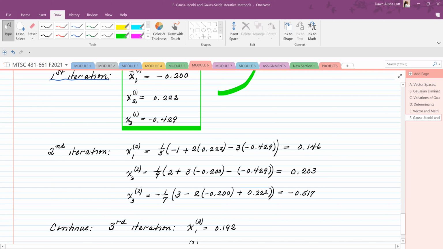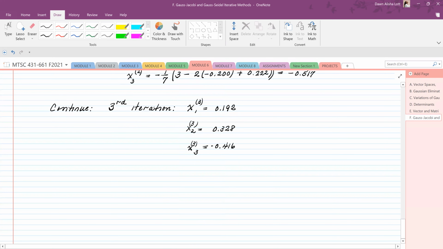So now the Jacobi method, I gave you the algorithm. That's how you can compute it.